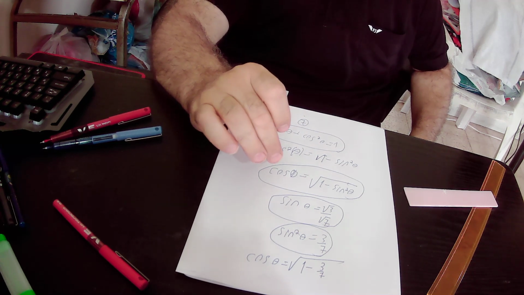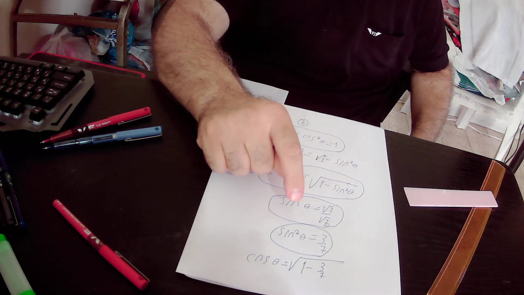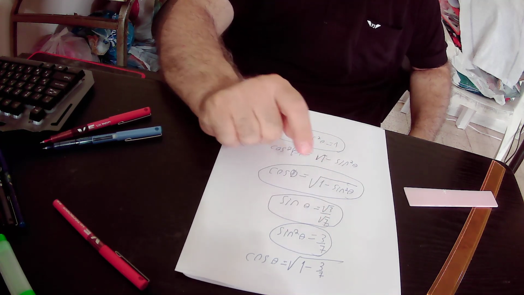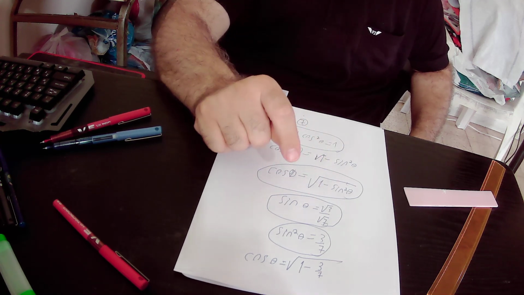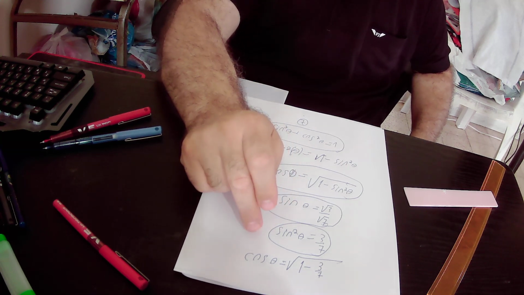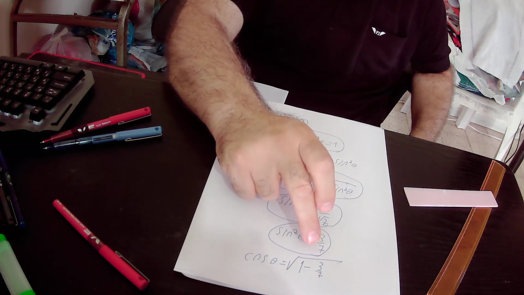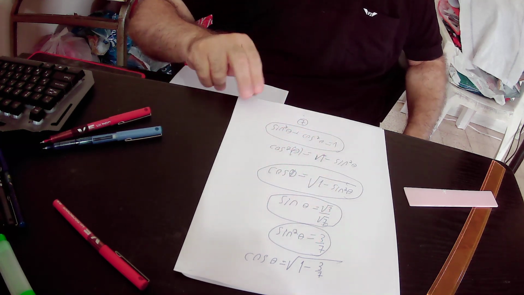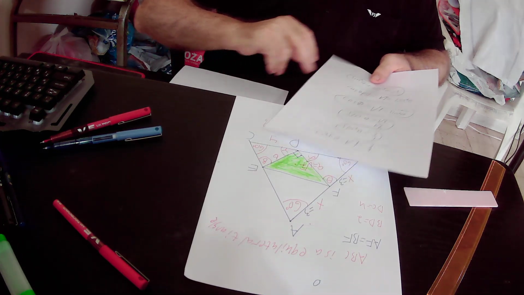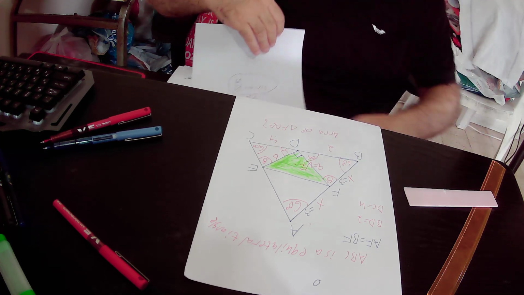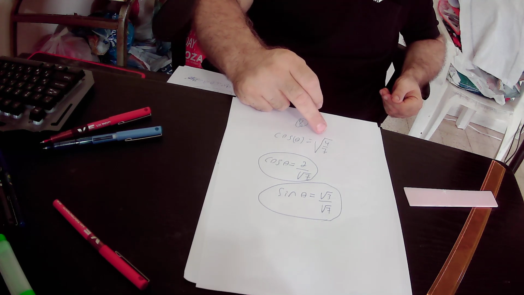So we substituted sine theta squared by 3 over 7, and we got that cosine theta equals the root of 1 minus 3 over 7. 1 minus 3 over 7 is 4 over 7, so cosine theta equals the root of 4 over 7.